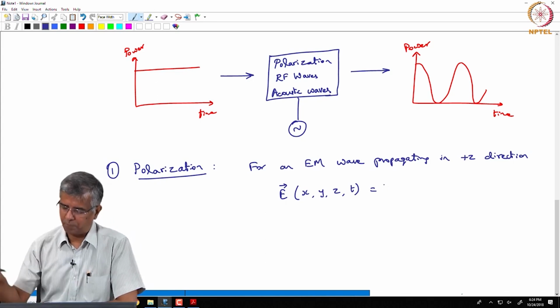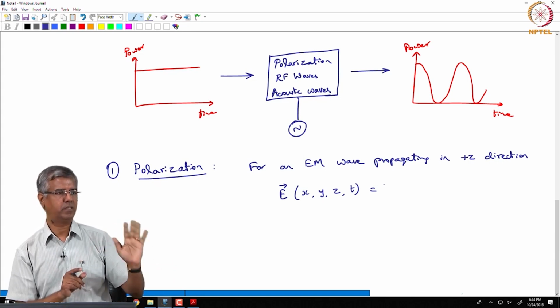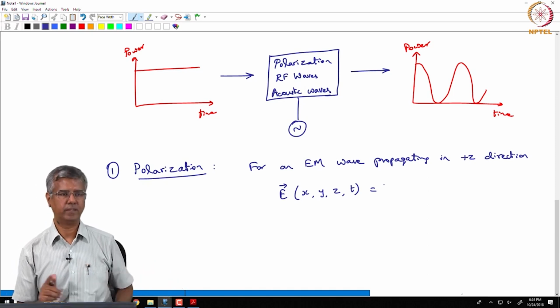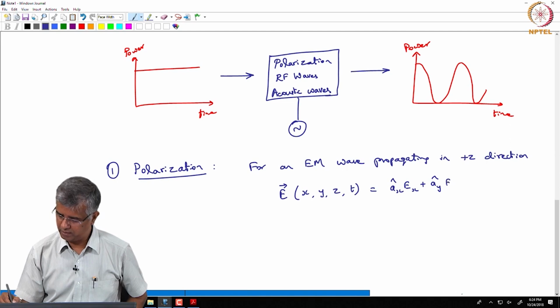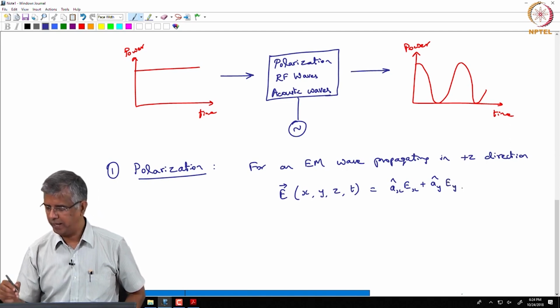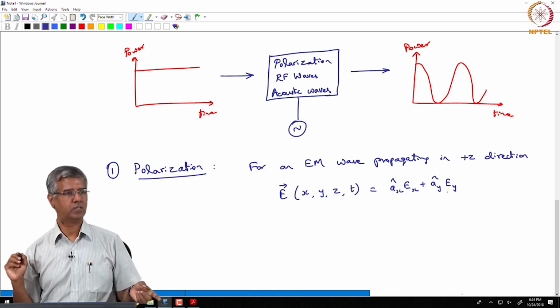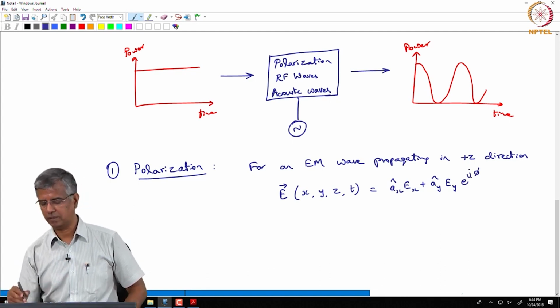If you are propagating in the positive z direction, all your electric field components are in the transverse direction, transverse to that propagation direction, so it is in the xy plane. You can represent this as Ax Ex plus Ay Ey, and you could have a phase difference between the x and y components. That phase difference I will represent as e power j phi. Okay.